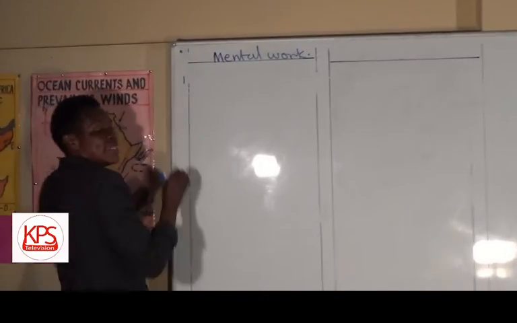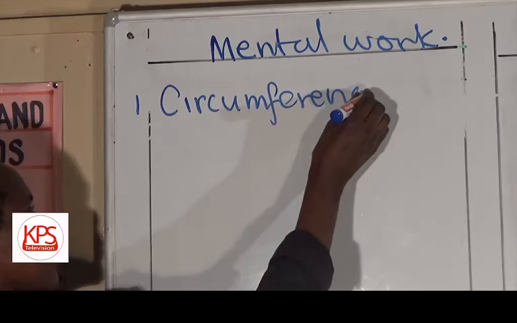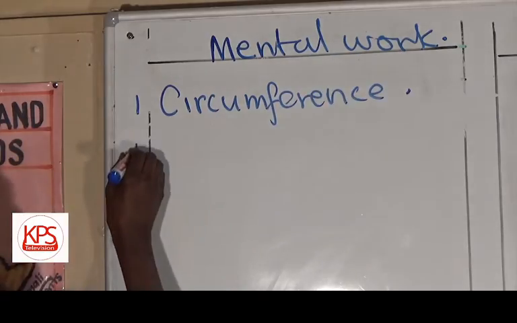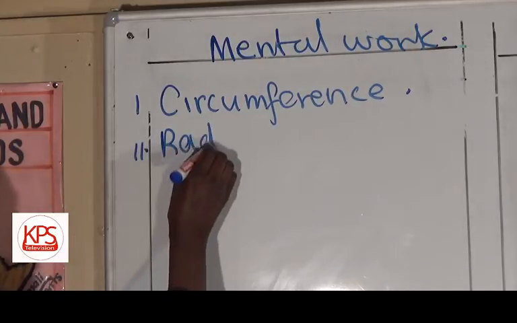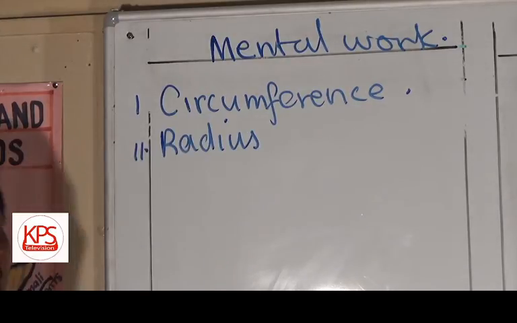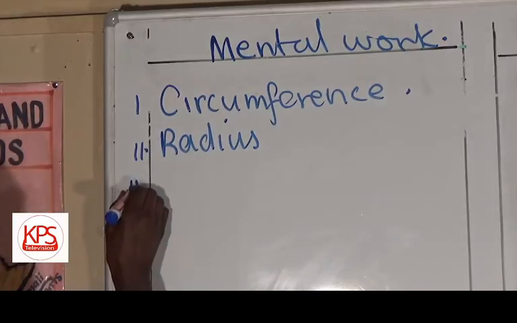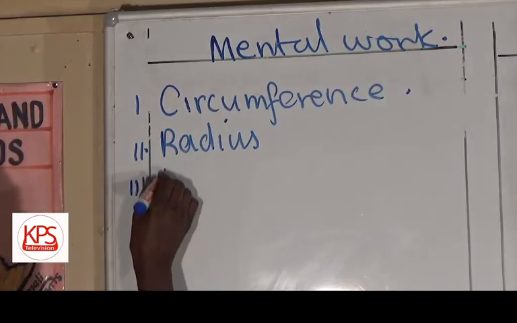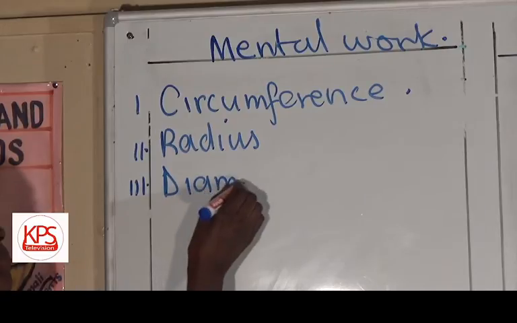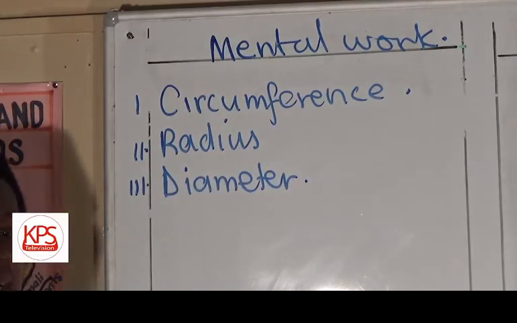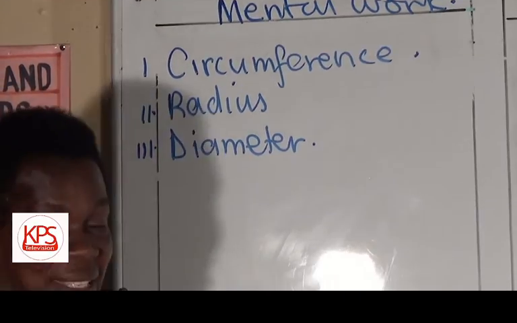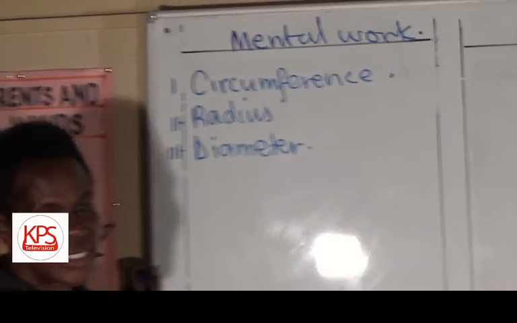Now let us write number 2. I said circumference. Number 2, radius. Number 3, diameter. Out of the 6 numbers, mark.